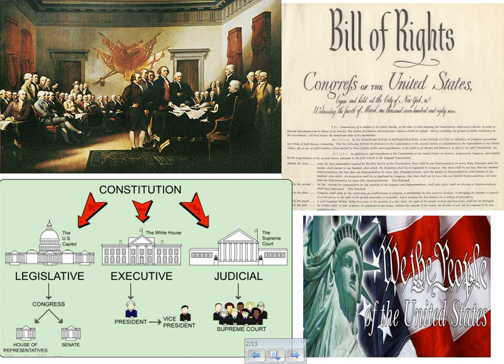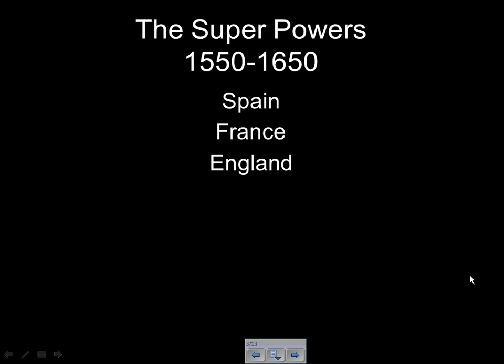Another background element to this prompt is just the way in which world powers rise, are sustained for a time, and then fall. So when this class started back in August, we started looking in the late 1400s into the early 1500s, in which Spain was the dominant country of the world, as evidenced by their western exploration, the financing of the Christopher Columbus voyages across the Atlantic into what was called the New World.